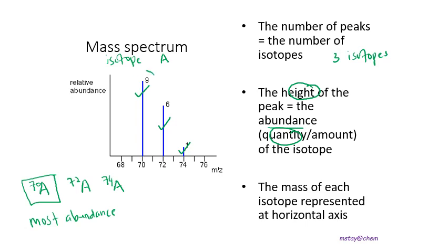Because the line shows the longest or highest peak. The mass of each isotope is represented on the horizontal axis, the x-axis. From here, based on this information, we are going to calculate the average atomic mass.